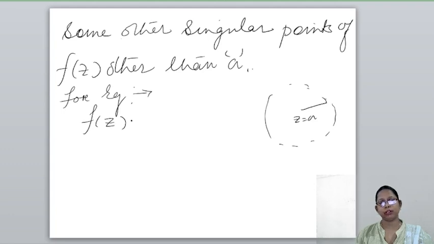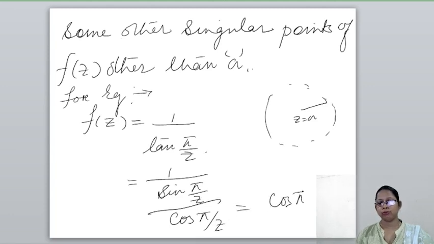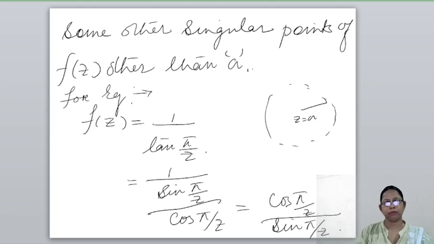Consider f(z) equal to 1 by tan pi by z, which can be written as 1 by sine pi by z over cos pi by z, and this is equal to cos pi by z in the numerator and sine pi by z in the denominator.